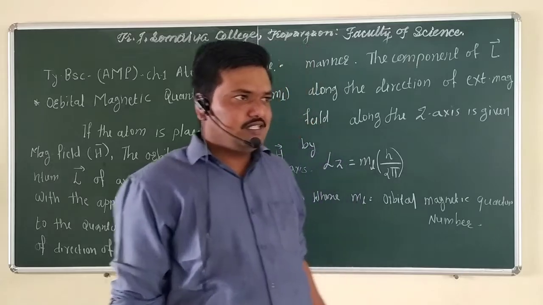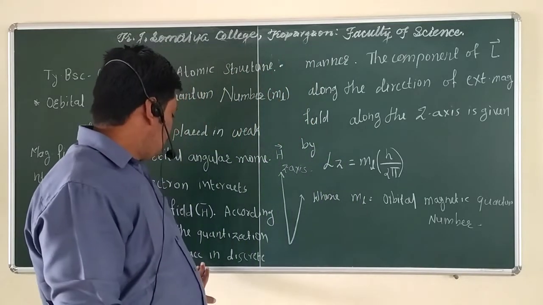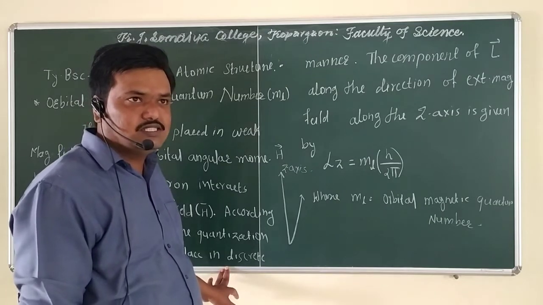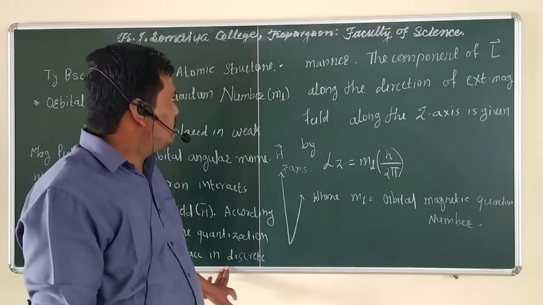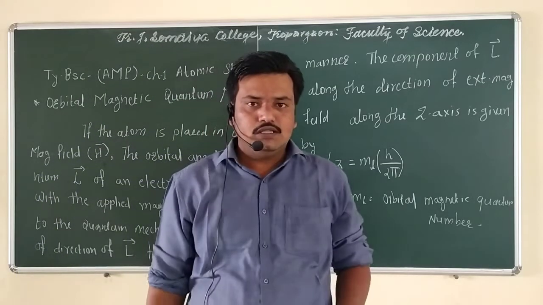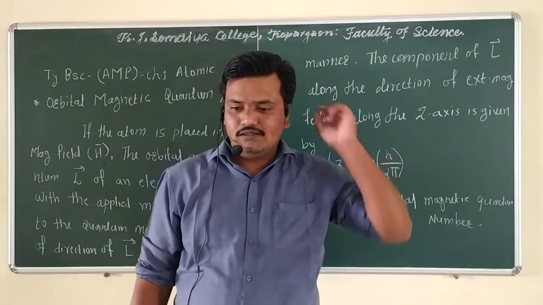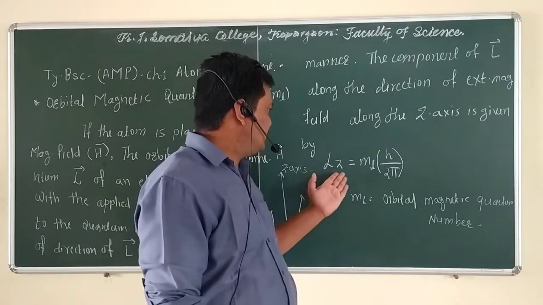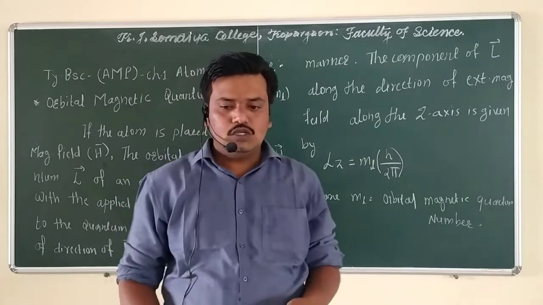In this discrete state the potential energy is minimum, and the component of L bar along the direction of the external magnetic field, the z axis, is given by the formula Lz equals ml into h upon 2 pi.